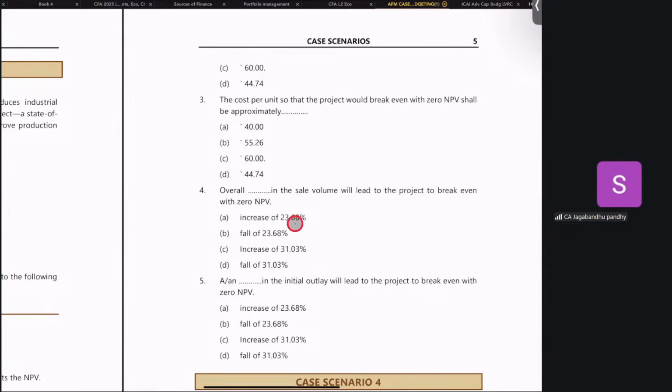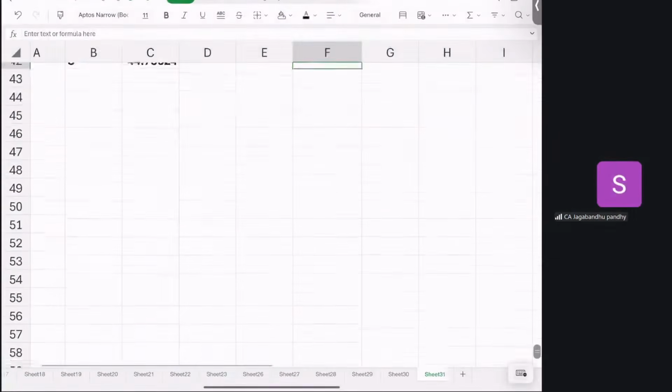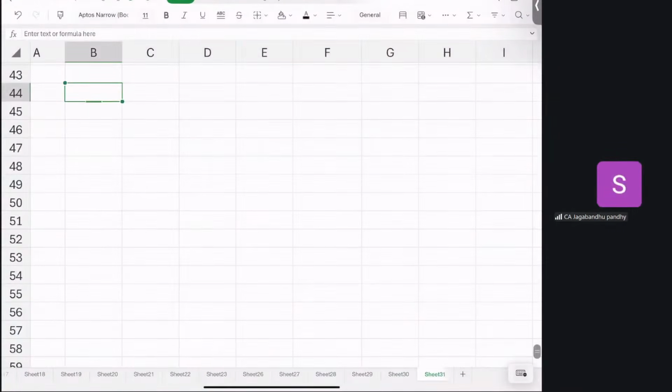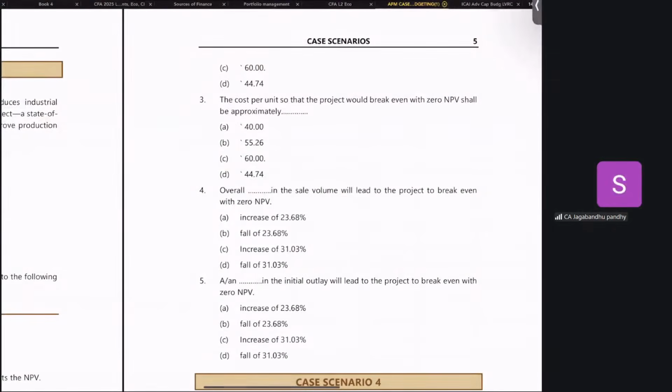Okay. Fourth question. Overall, what percentage fall in sales volume will lead the project to break even with 0 NPV? What percentage change in the sales volume is going to cause the project to have a 0 NPV?